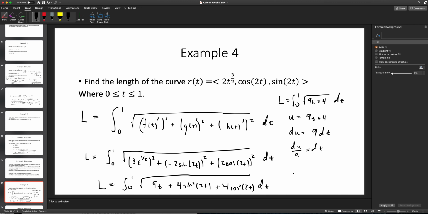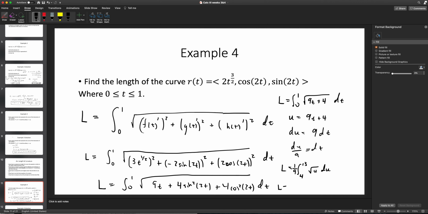And we get L is equal to, when t is 0, u is 4, and when t is 1, u is 13. 1/9 comes out on the outside, and we have the integral of the square root of u du. This is just a power rule of integration that we need to do.